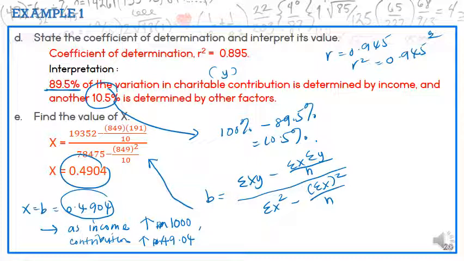Contribution awak will increase by 0.4904. Kenapa increase? Sebab B tu positif. Tapi kenapa saya convert jadi RM49? Sebab tadi your charitable contribution dalam unit 100 RM. So, 49.04. Okay.